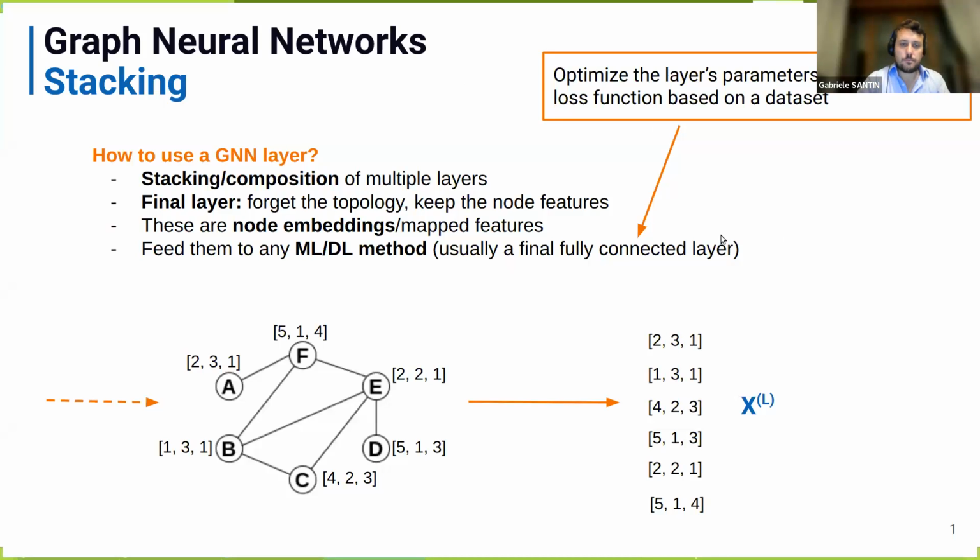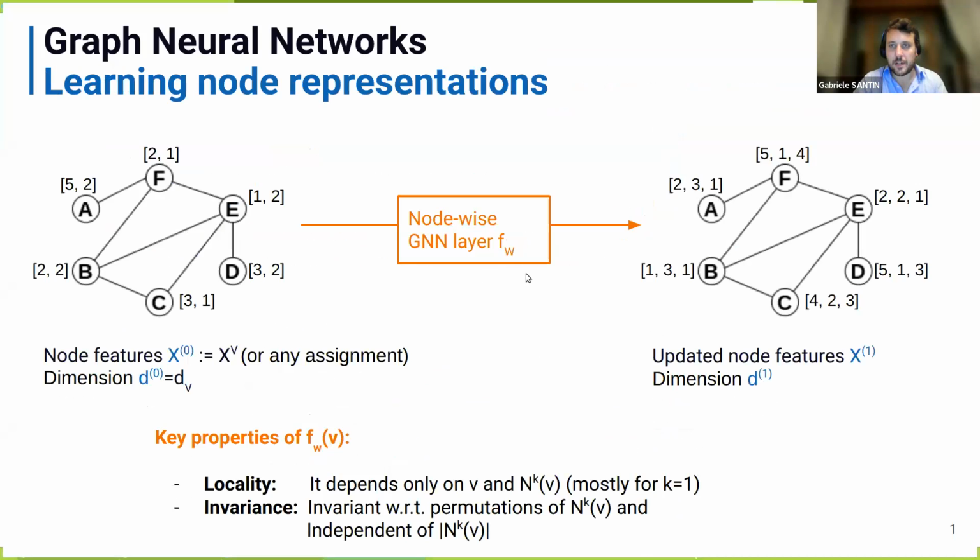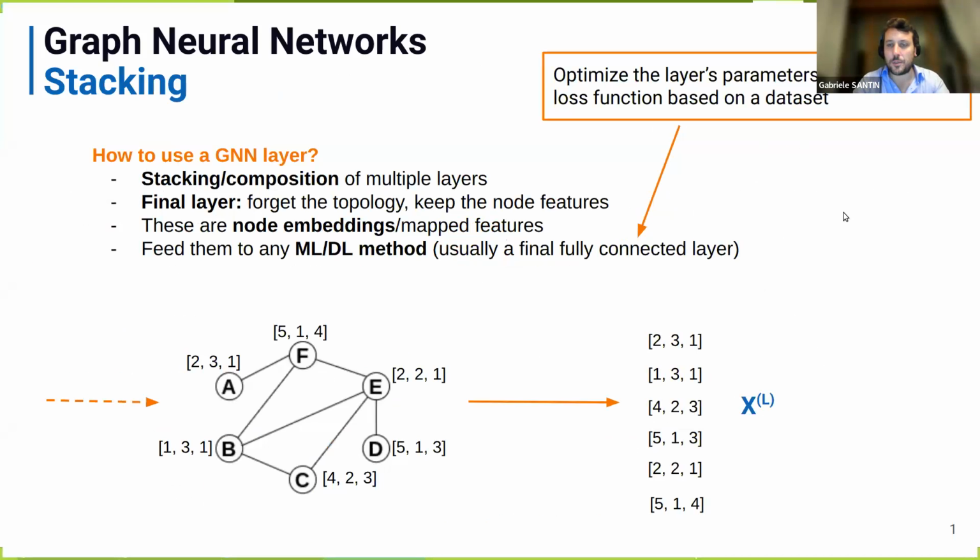And so the parameters of this graph neural network will be automatically optimized based on a downstream task, okay? So this is why these graph neural networks are able to learn, in the same pipeline, both an encoding of the graph and a model that is able to solve the task.